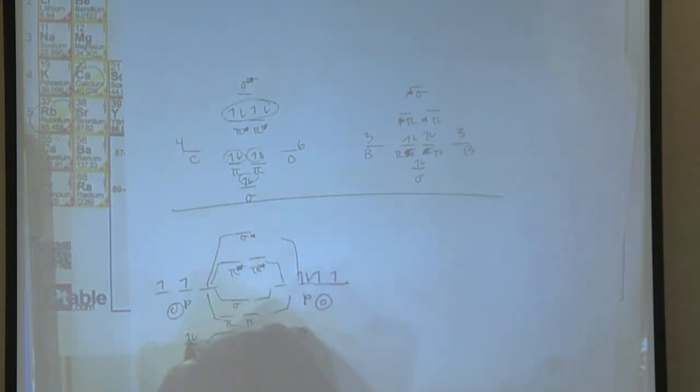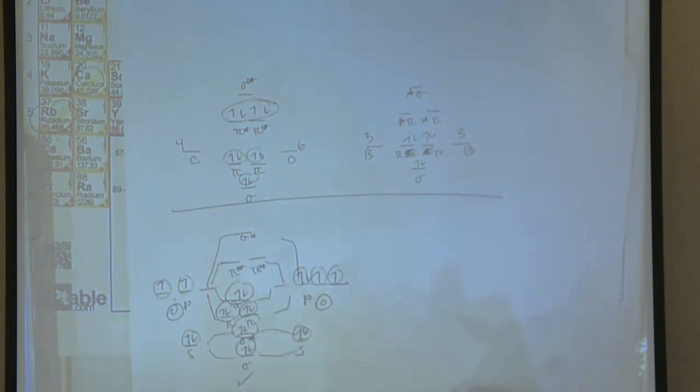I basically drew the electron configuration. Knowing I have 10 electrons to work with, I start filling in 1, 2, 3, 4, 5, 6, 7, 8, 9, 10, which is why none of these are paramagnetic. These are all diamagnetic.